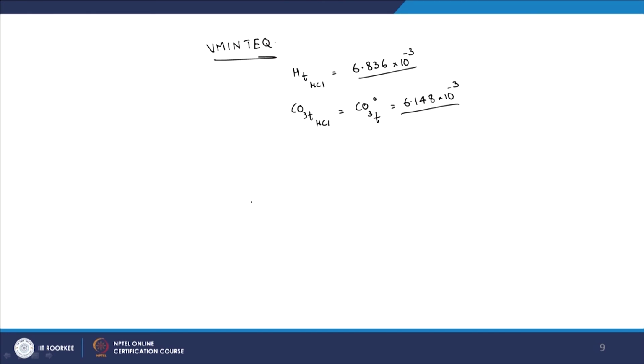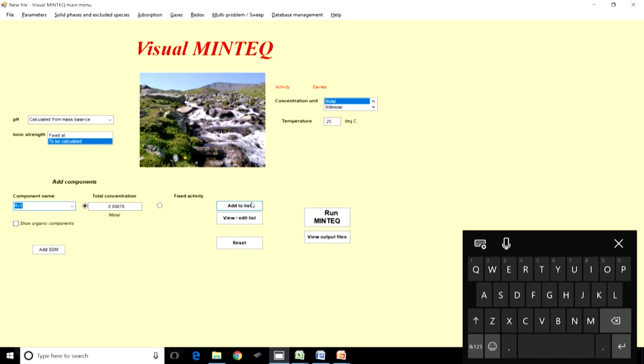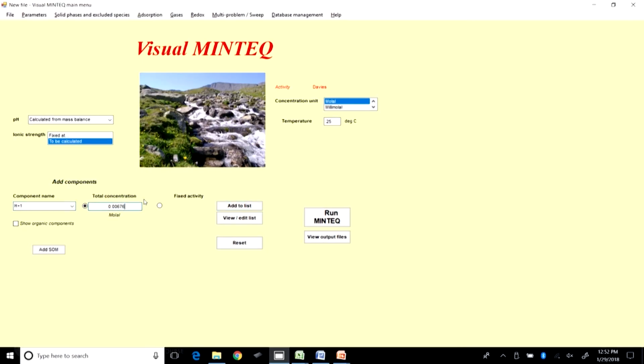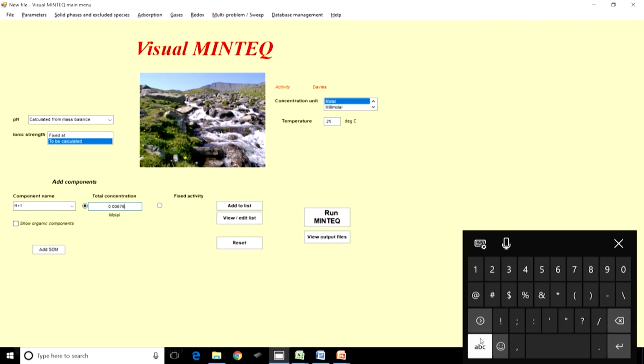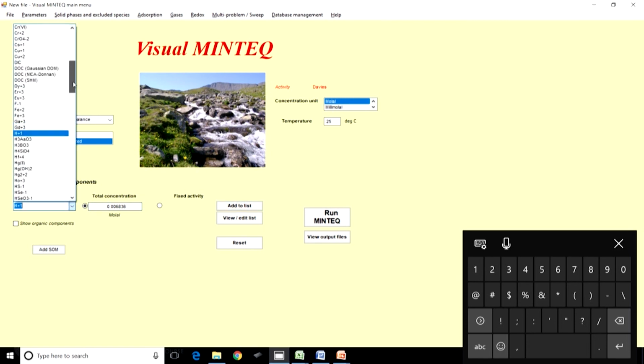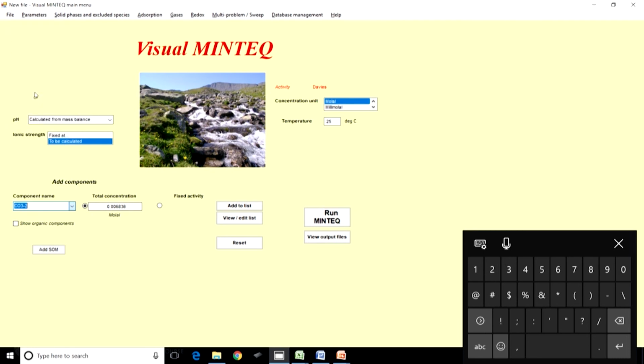Okay, H total is 6.836 into 10 power minus 3, right. So, let me plug this in, 6.836. Next, I need to edit the CO3 total, and I first need to have that particular component here, CO3 total.